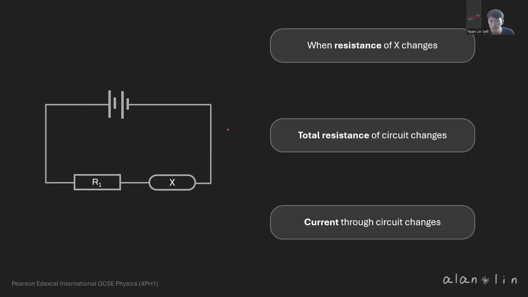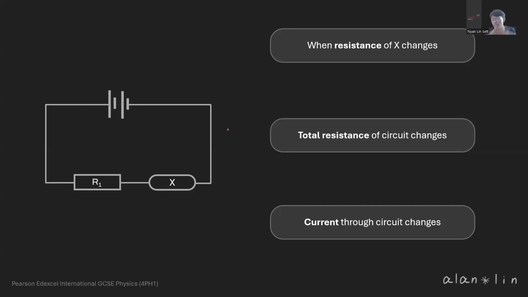So as the temperature increases, the resistance is going to decrease, and as the temperature decreases, the resistance is going to increase. So we need to be looking at how the external conditions, such as the temperature and the light intensity, change, and we need to use that to find how the resistance of the thermistor or the light-dependent resistor changes. We need to find that out first.